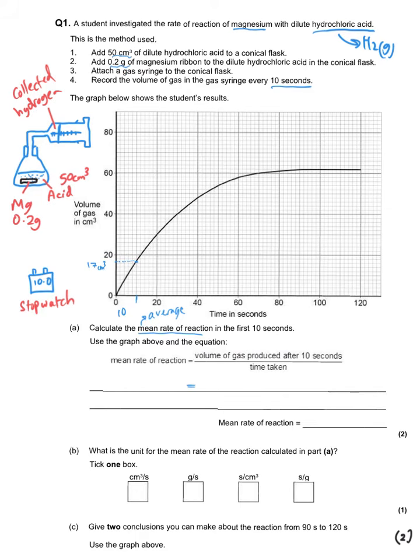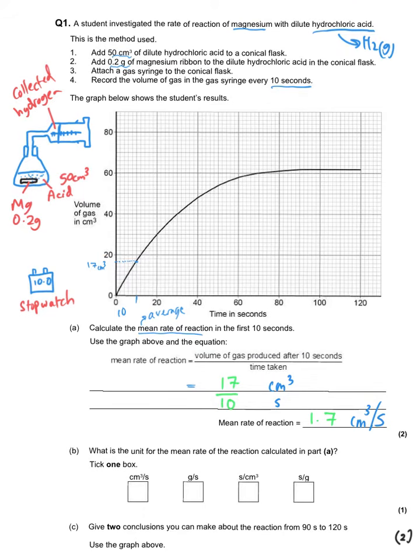So what we need to do is take our 17 cubic centimetres of gas and divide it by 10, and that gets us a mean rate of reaction of 1.7. And the units for this, because we had cubic centimetres on the y-axis and seconds on the x-axis, will be cubic centimetres per second. And that actually is the answer to part B.